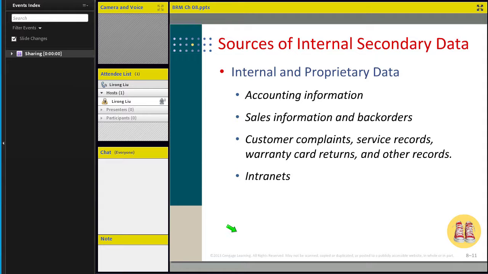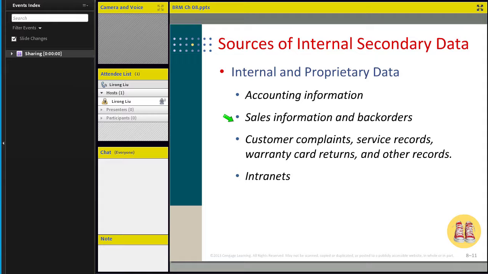Sources of internal secondary data. I'm going to skip this again, because this is from internal. Only if you work for the company are you going to have access to such information. But just in case you do one day need it, this includes accounting information. You can get data from accounting.